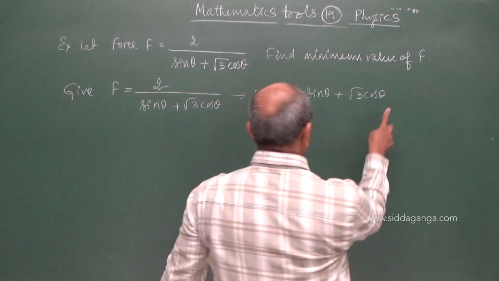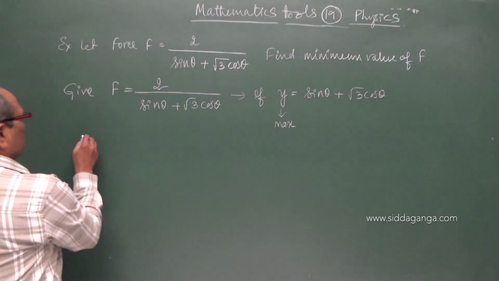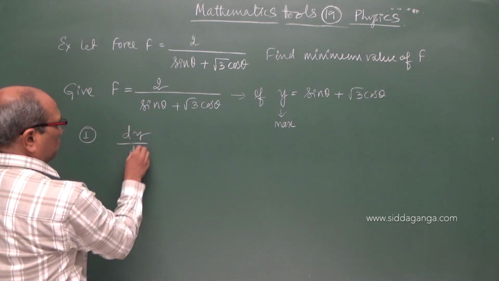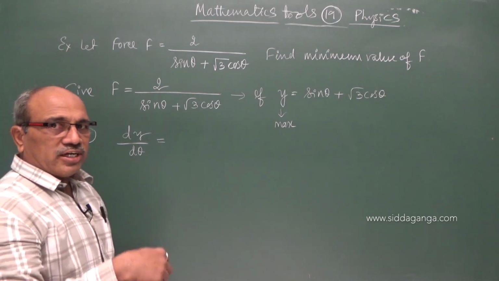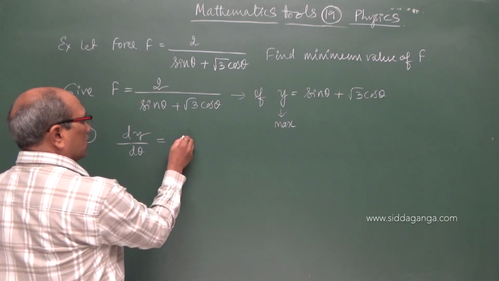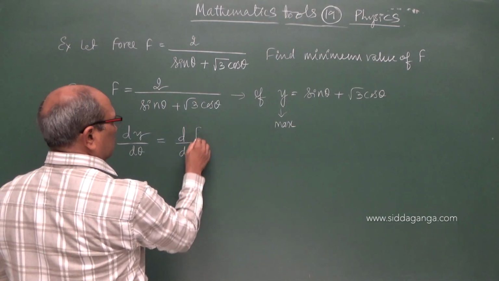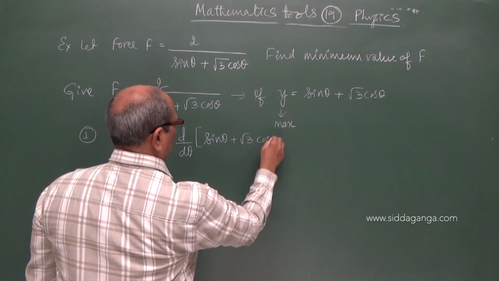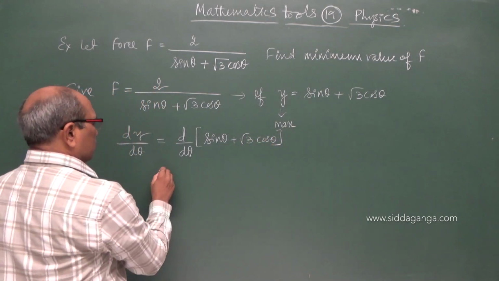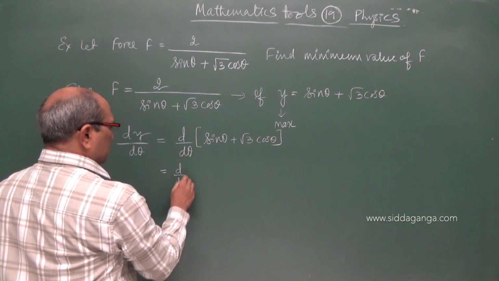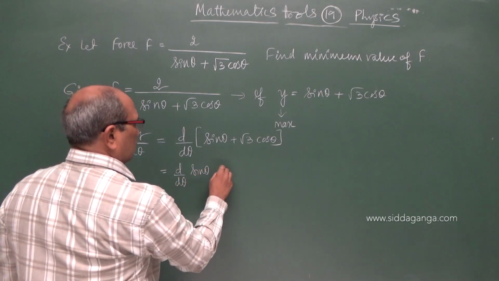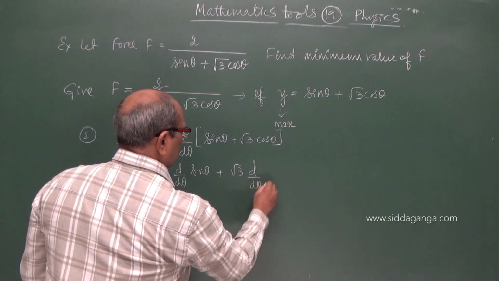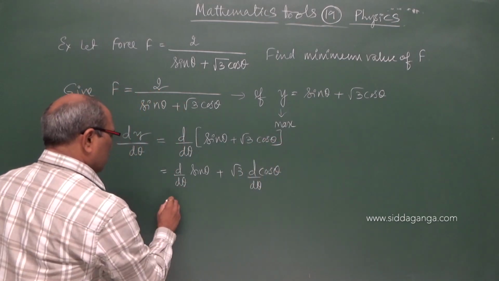To get this maxima, in the first step we find the differentiation of y with respect to theta, the maxima and minima determination. d by d theta of sin theta plus root 3 into d by d theta of cos theta, bringing the constant out.